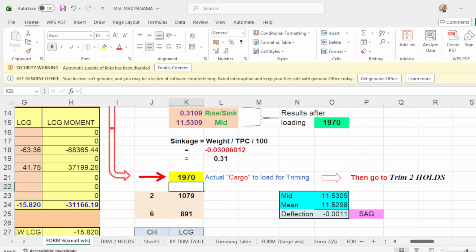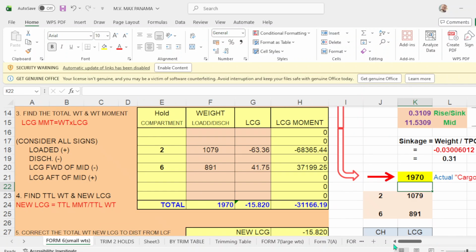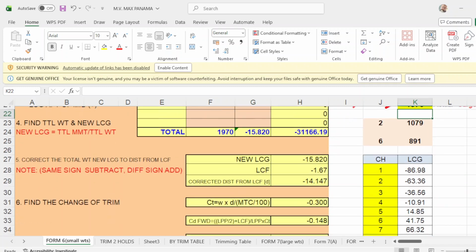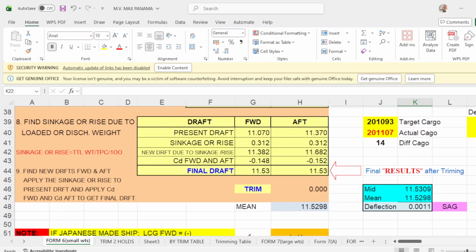Then go back. Take note that number 2 is 1079 and number 6 is 891. Number 2, this is the weight and the LCG. Number 6, the weight and LCG. And your departure drop here will be 11.53 forward, 11.53 aft, 0 trim.